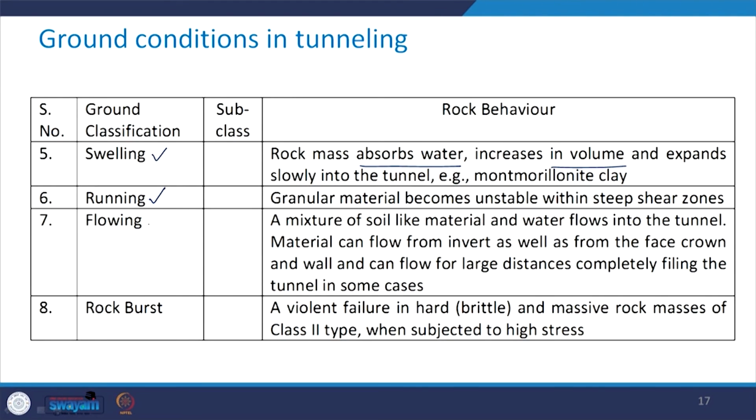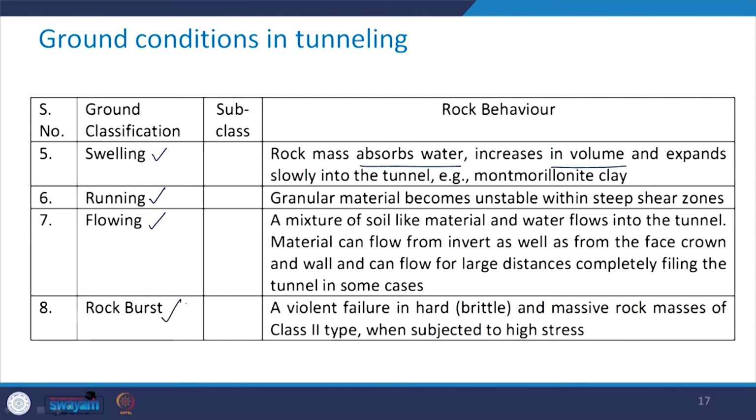In the case of flowing ground, a mixture of soil-like material and water flows into the tunnel. This material can flow from the invert as well as from the face, crown and wall, and can flow for large distances, completely filling the tunnel in some cases, which is not desirable. So, one needs to be careful about such difficult ground conditions.